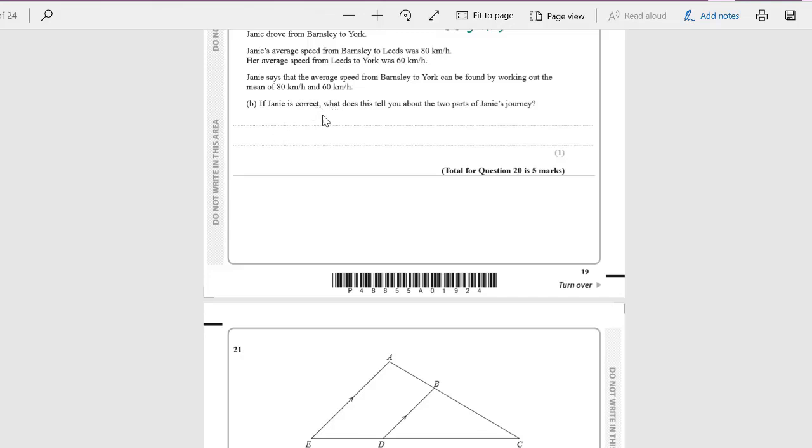So if Janie is correct, what does this tell you about the two parts of Janie's journey? So that means that, if she's correct, that means that the time must be the same.